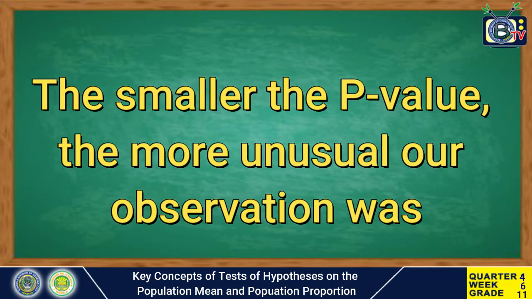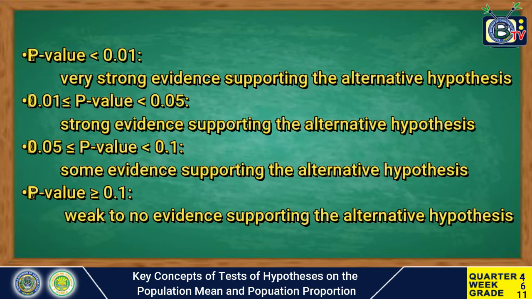Since the p-value represents the probability of observing our results or more extreme, the smaller the p-value, the more unusual our observation was. We can use the following guideline. First, p-value less than 0.01 means very strong evidence supporting the alternative hypothesis. Second, 0.01 less than or equal to p-value less than 0.05 means strong evidence supporting the alternative hypothesis.